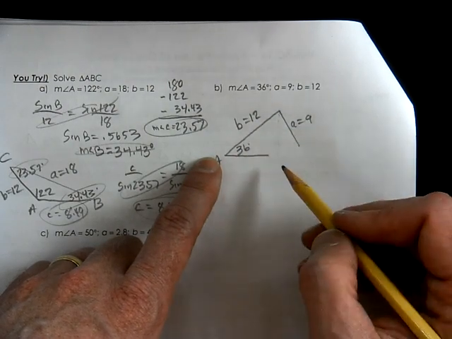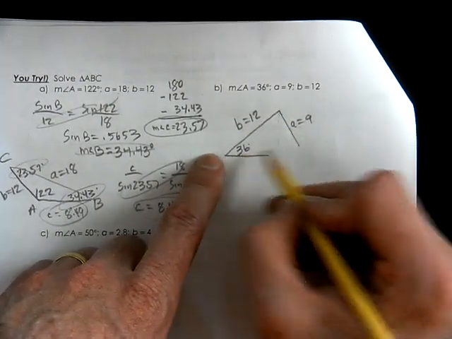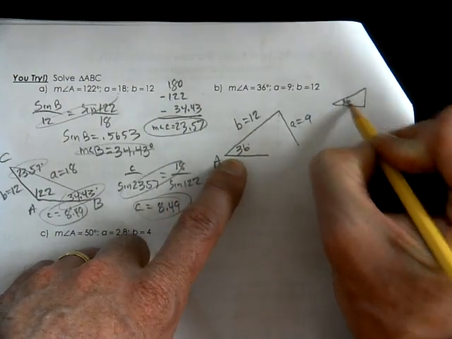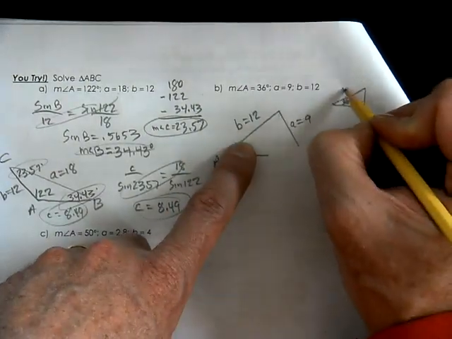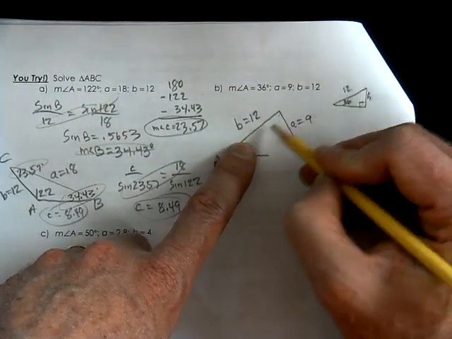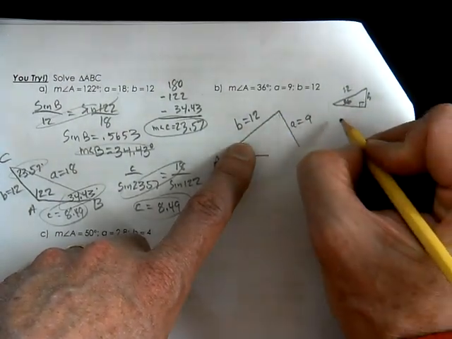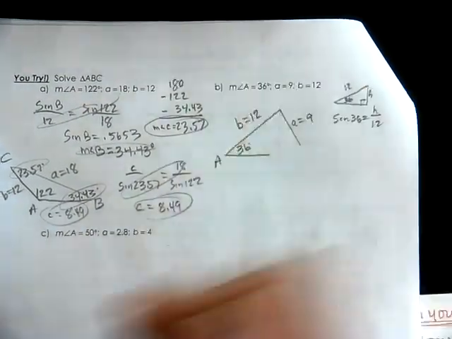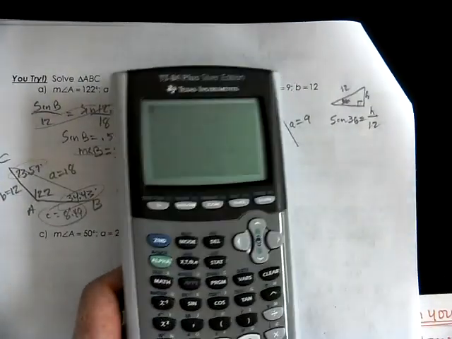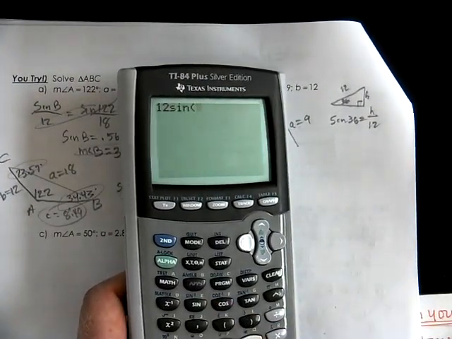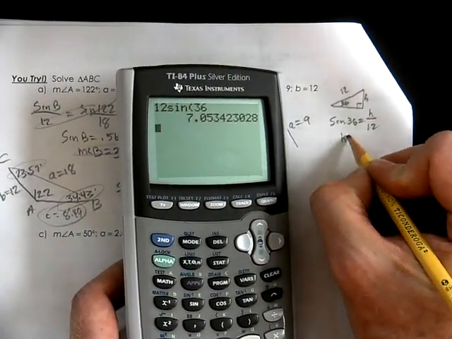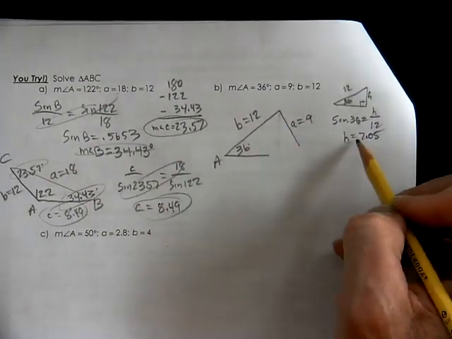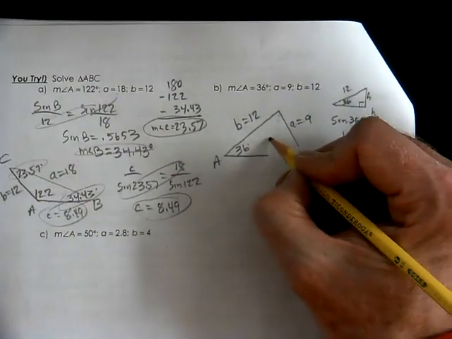But if we think about this as a right triangle with 36 degrees, a right angle, a hypotenuse of 12, and we're looking for the height, this is an option for you. You can do sine of 36 equals opposite over hypotenuse. We say 12 times the sine of 36, and we figure out that the height is 7.05.